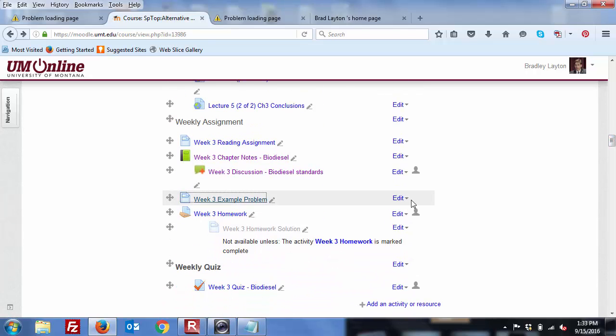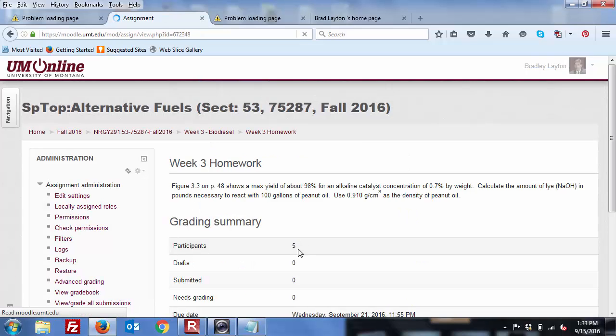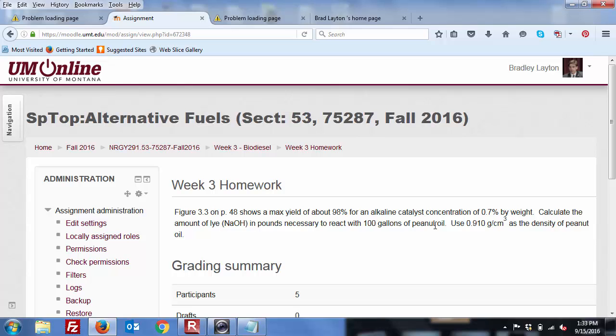The Week 3 homework, and I will show the Week 3 homework solution. Just take a peek at that. So I'm just going to make sure it's legible and understandable. So figure 3.3 on page 48.